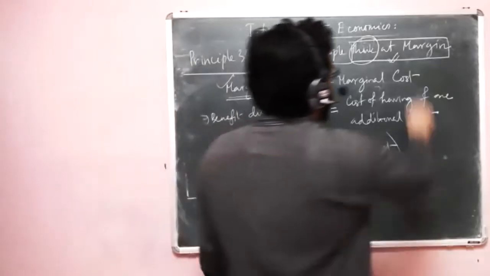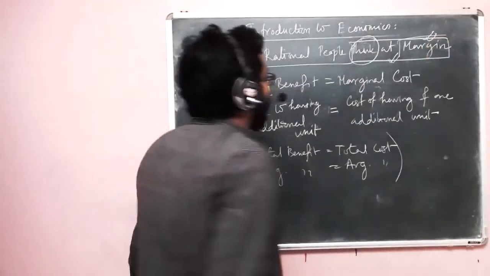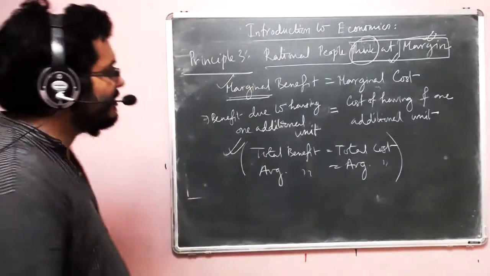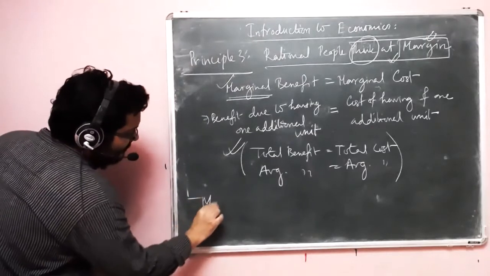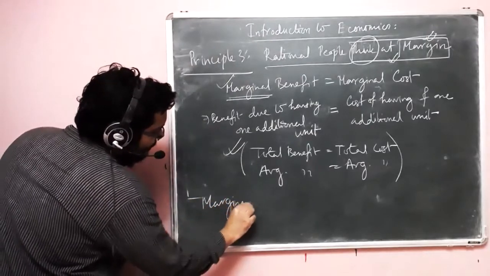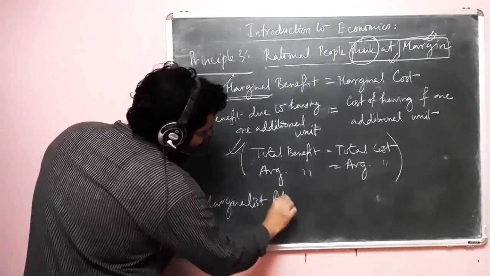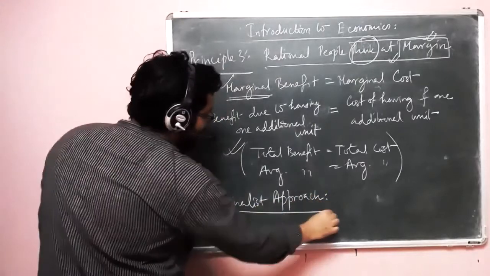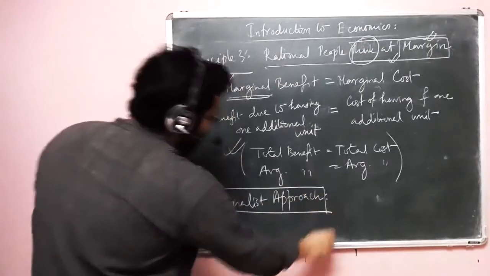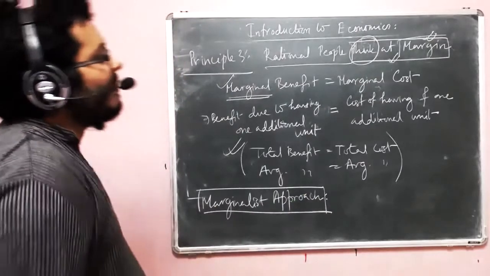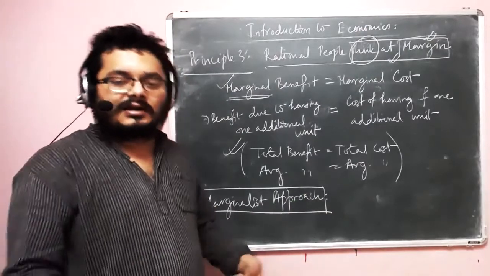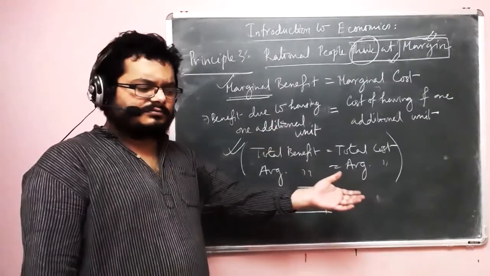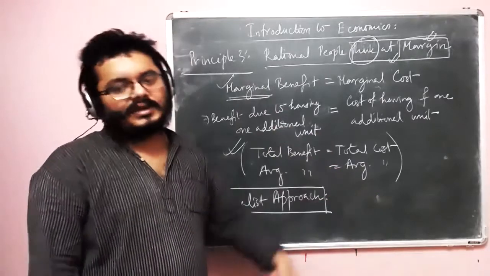So when I'm saying that they think at the margin, I'm talking about an approach towards choosing the best. This is known as the marginalist approach. It became popular later. It's not that people actually do that. It's not that even rational people are always required to do that, because for being rational, all you need is to be able to rank the bundles or alternatives, and there must be a best.